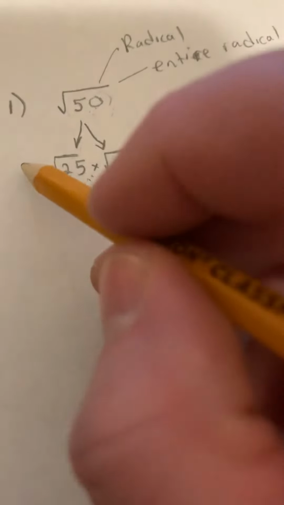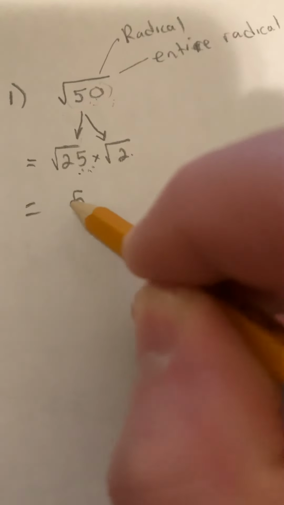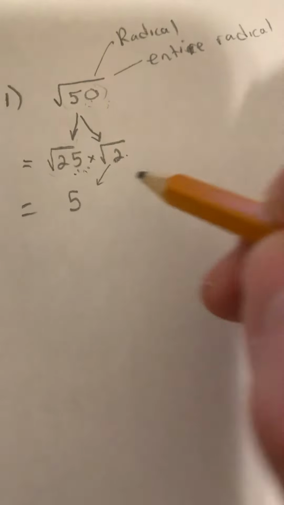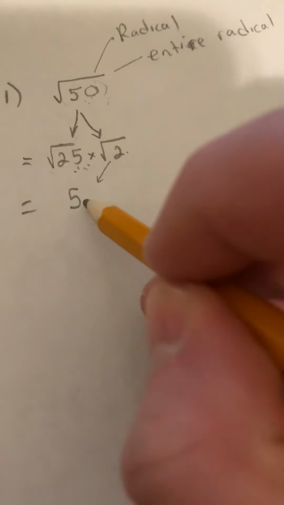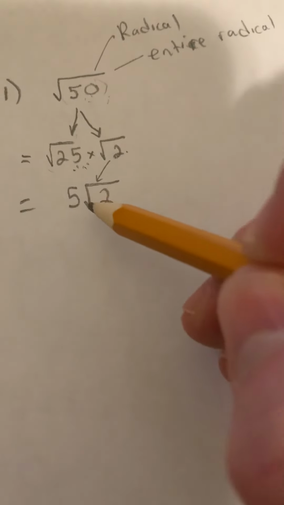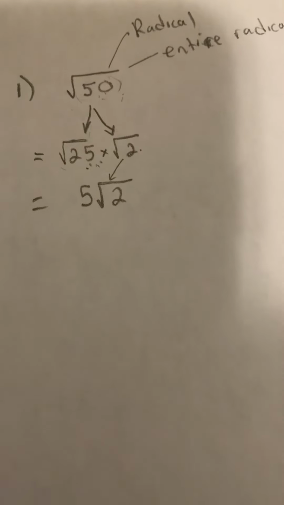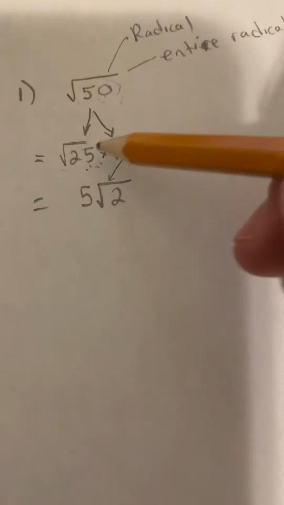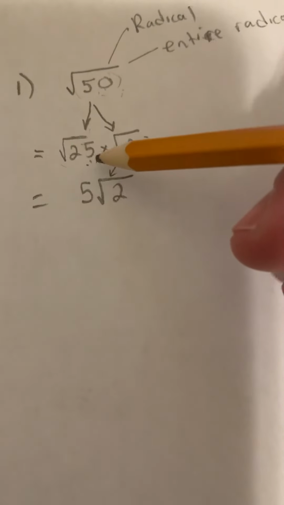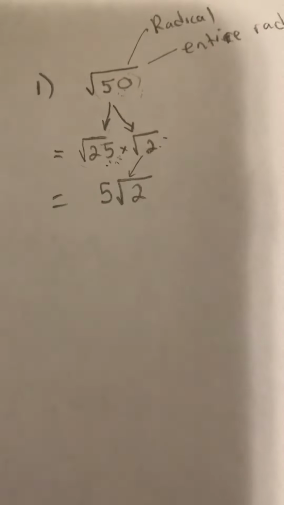The square root of 25 is 5. So we square root the number that we can, and carry down the one that doesn't, leaving it as 2. So we have 5 root 2. You want to choose two numbers with one being a perfect square, and you want it to be the highest possible, which in this case is 25.